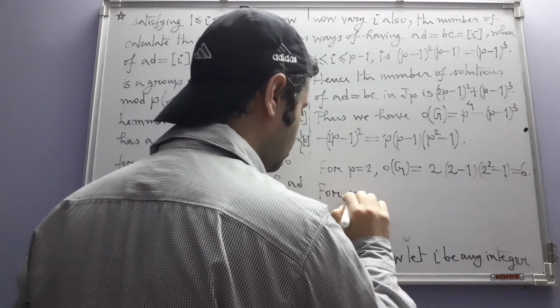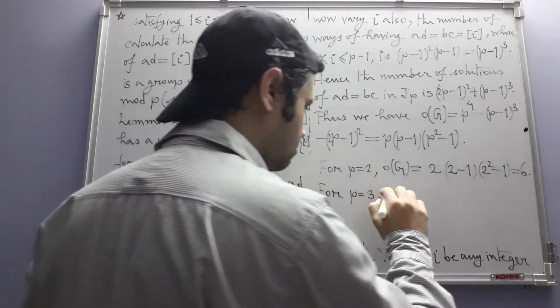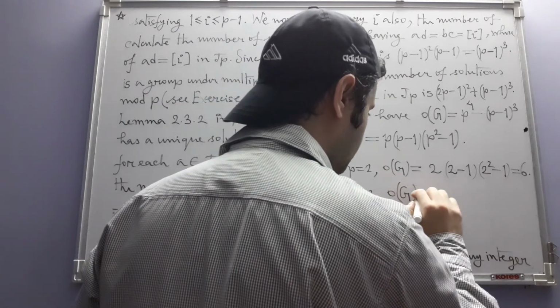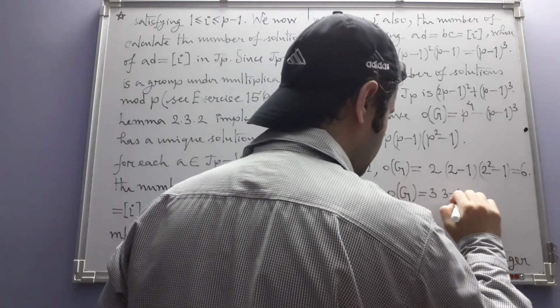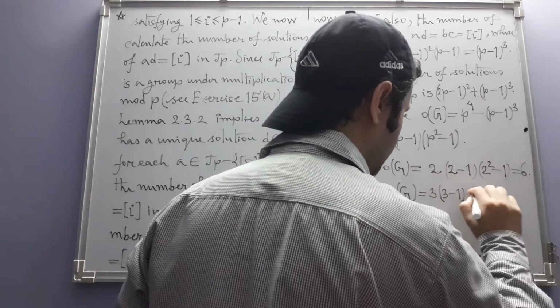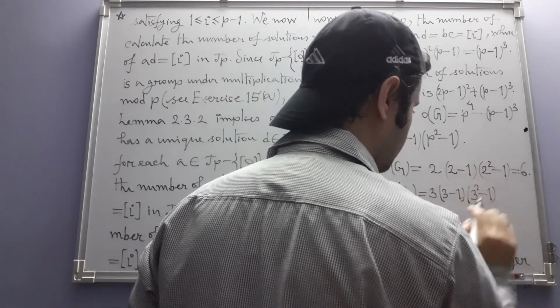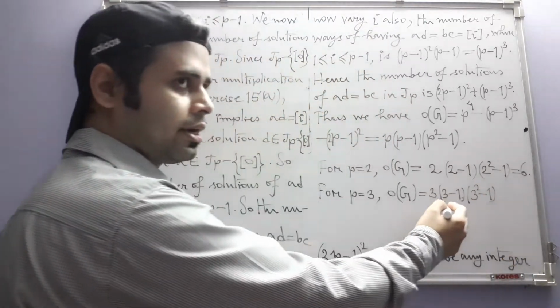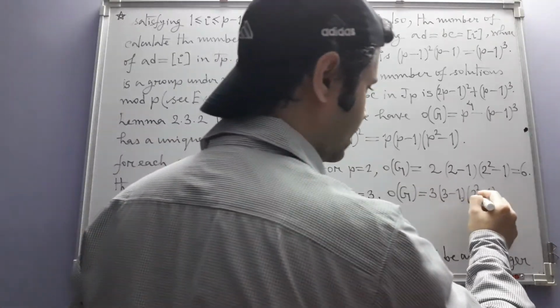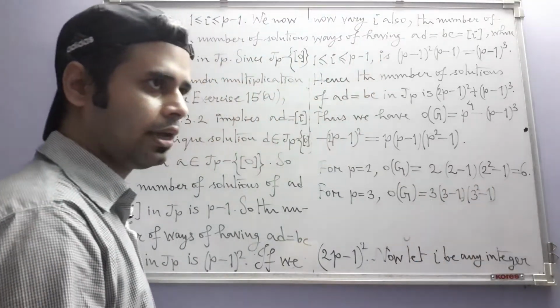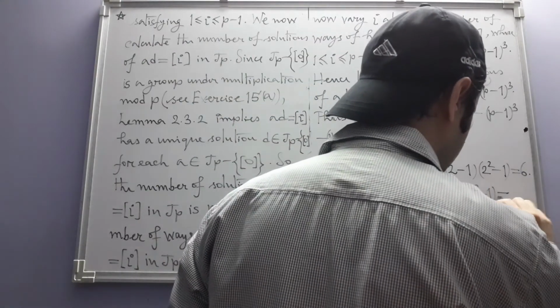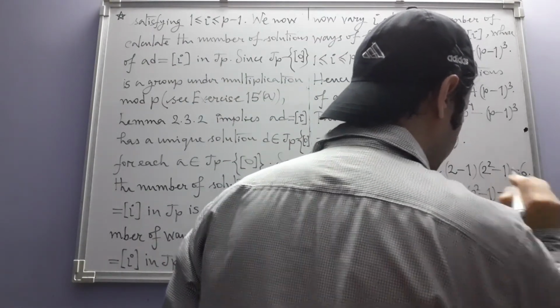What about p equal to 3? If p is 3, then we have 3 times 3 minus 1 times 3 square minus 1. So this becomes 3 times 2, which is 6, and this is 9 minus 1, 8. 6 times 8 is 48.